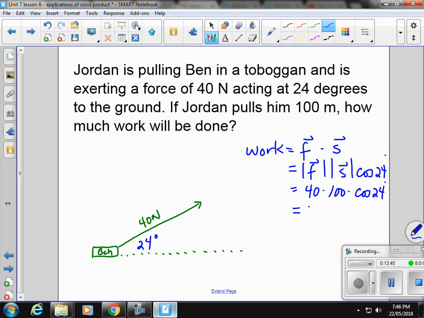We get 3,654, and we've got units of newtons and meters, but this time it is linear, everything is going in the same direction, so we can say it is joules.